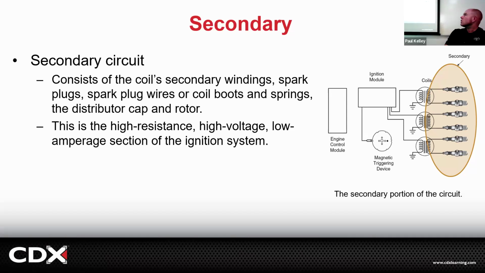Make sense? So the primary induces into the secondary, and from there on out, it's all secondary. That's all going to be high voltage. That's all going to be 40,000 volts. So the spark plug is 40,000 volts, the spark plug wire is 40,000 volts, and half of the ignition coil is 40,000 volts, but it's the secondary half, right?